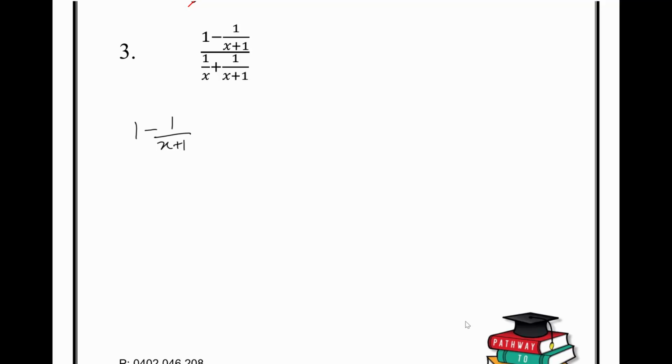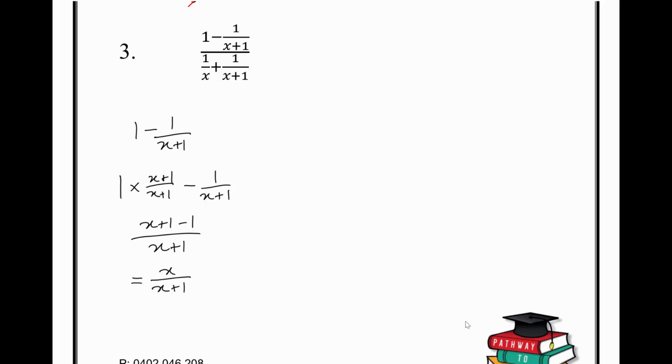So we times the 1 on the left hand side with x plus 1 divided by x plus 1. This will give it a common denominator with the right hand side, which will lead us to x plus 1 minus 1 over x plus 1, which just results in x over x plus 1.